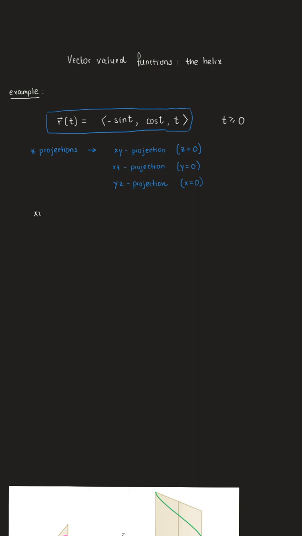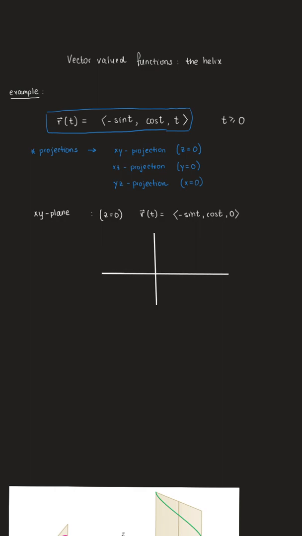So this is projecting onto the xy plane. When z is 0, our vector function becomes r of t equals negative sine t, cosine t, and 0. And we can graph this on the xy coordinate system. So that's what we're going to focus on.